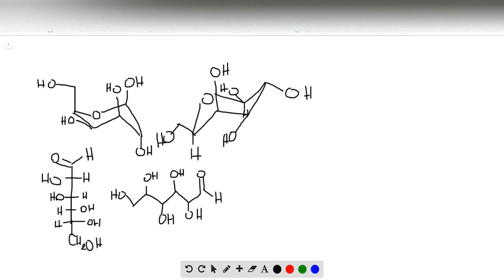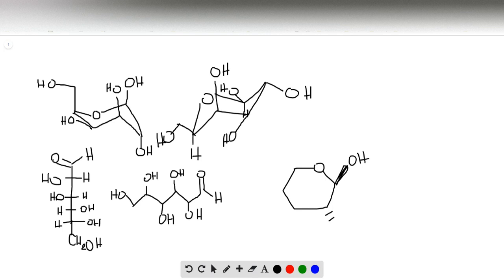The last question asks for you to draw a stereoisomer of galactose that is different from glucose. So I'm going to go ahead and, any stereoisomer you choose would be fine. I had drawn glucose, but let's just do a different one.